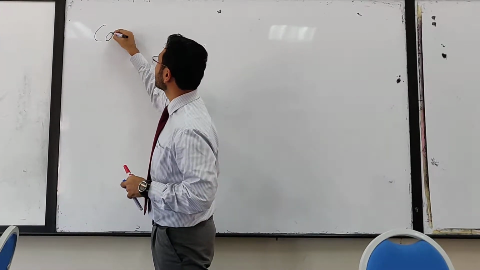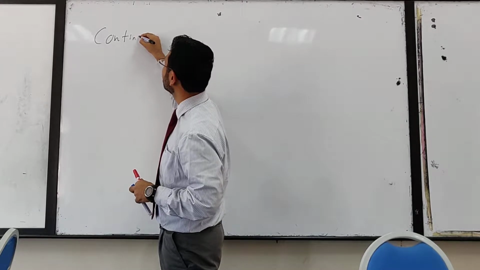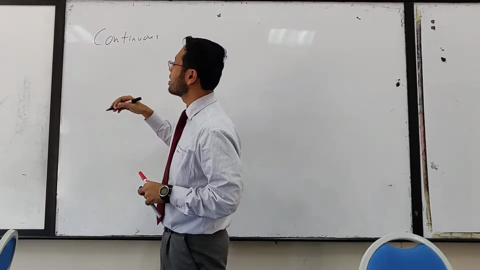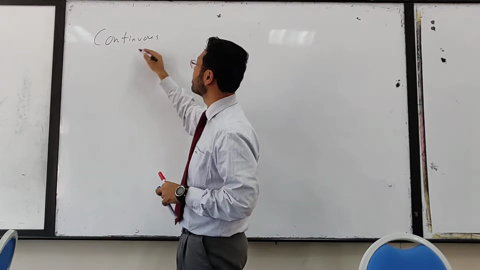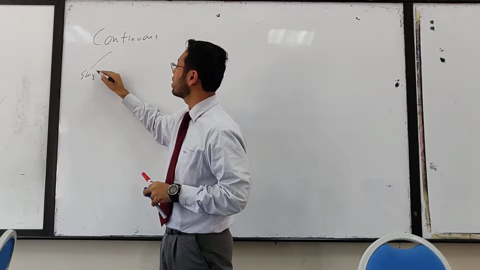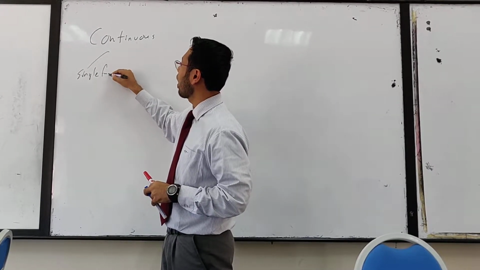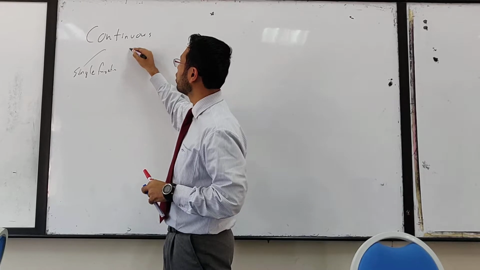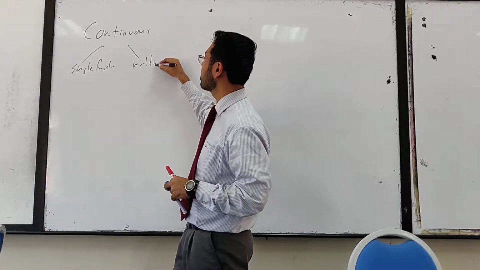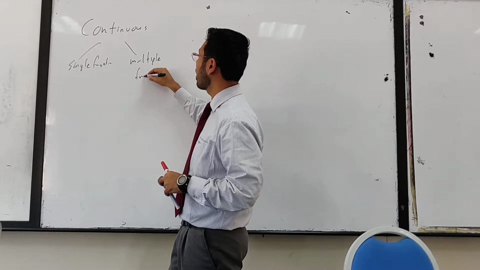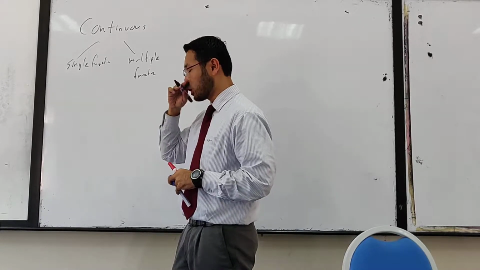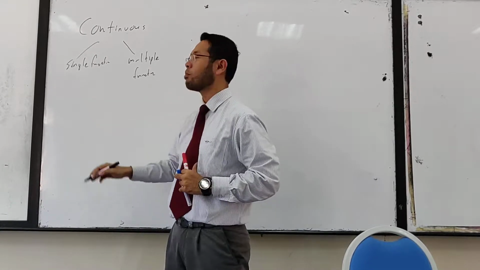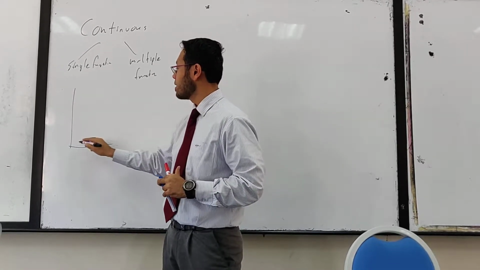Okay, the problem with the continuous random variable is that you might get yourself a single function or multiple functions. The single function is not much of a problem because let's say this is the graph.